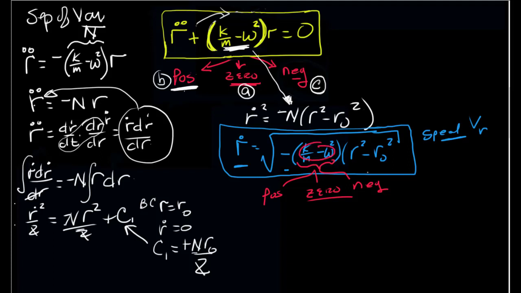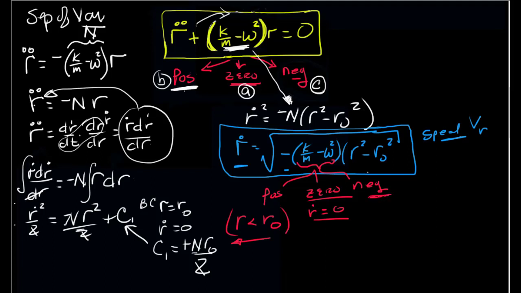If it's 0, the whole thing is 0, and we get that r dot is 0, it doesn't move. If it's positive, this is a negative, which means we couldn't take the square root of this unless r is less than r0, which tells us that this is valid when r is less than r0, so it has to be moving inward for that.